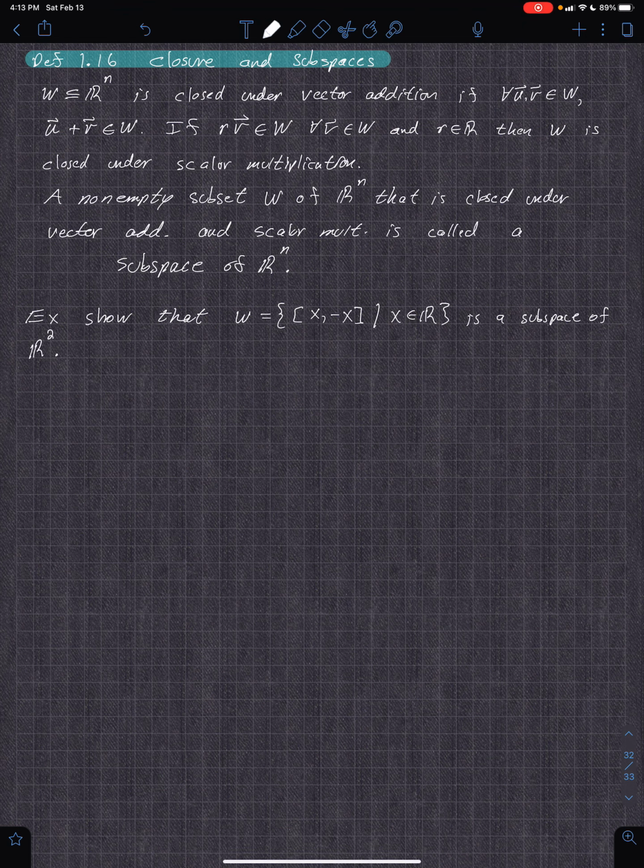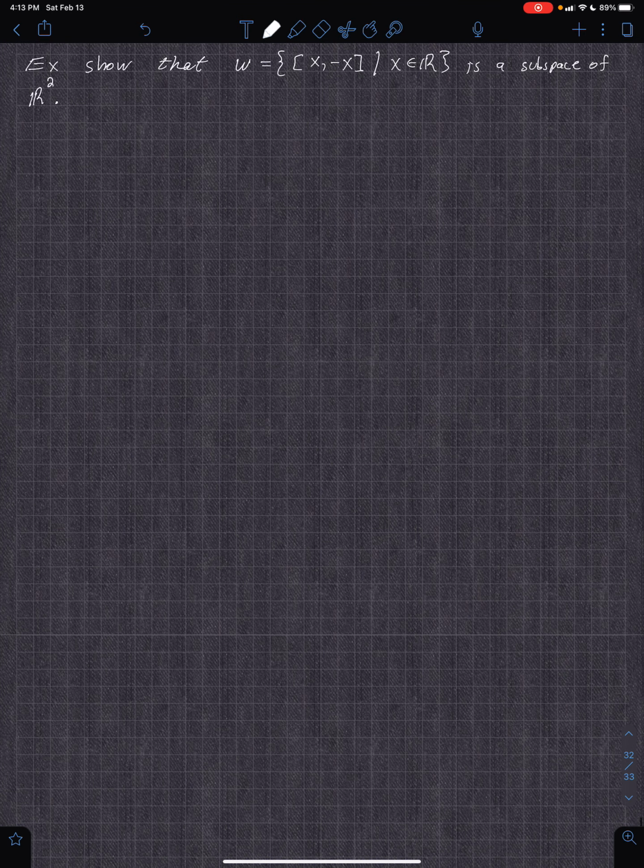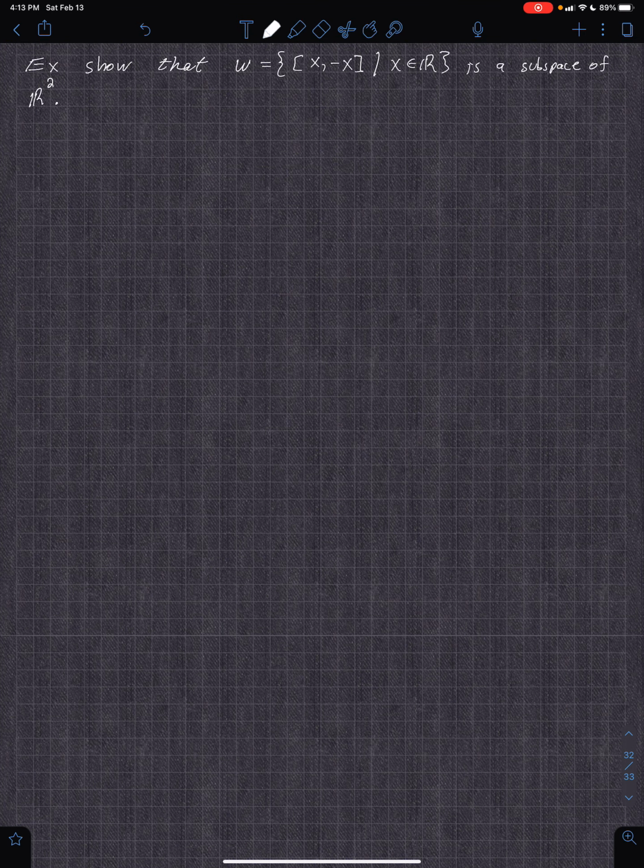So we have to show closure, basically. That's essentially what you're doing. So closed under the operation. We need to show that you have closure for both addition and scalar multiplication. So what you do, and I'll come back to that, but move up here.